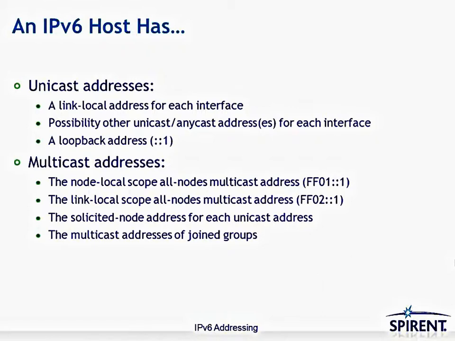So that uses a special scheme with various types of multicast addresses to accomplish the same thing that broadcasts accomplished with IPv4. So there are special multicast groups, the node local all nodes, or link local all nodes multicast addresses. There's a solicited node multicast address, and various other types of multicast addresses of joined groups.